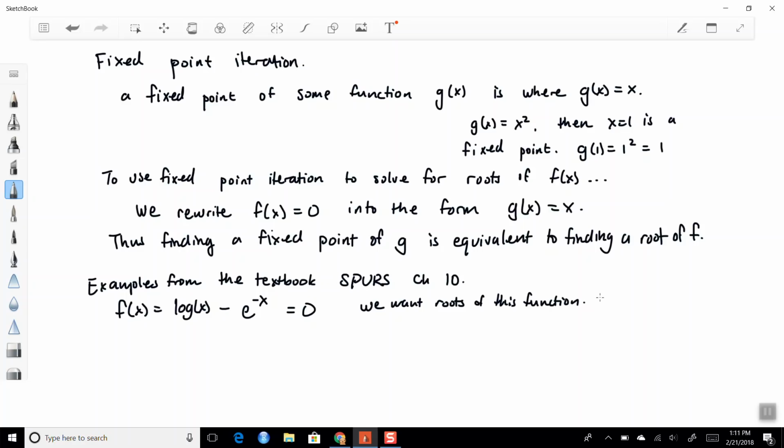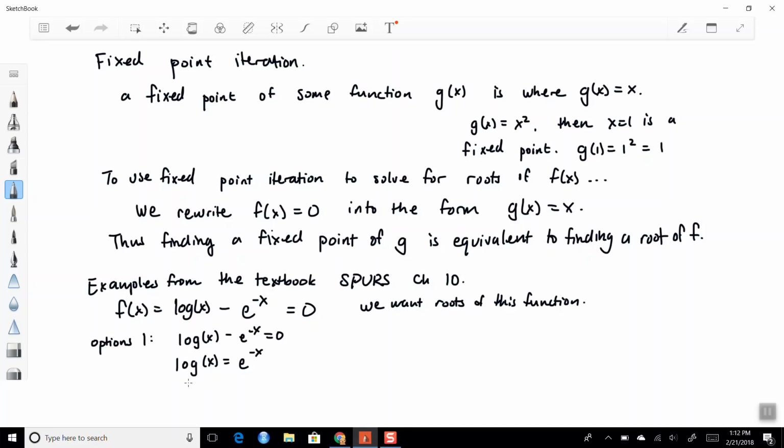We have several options to get it into the form of g of x equal to x. Option 1: I'll write log of x minus e to the negative x equal to 0. We will move some terms around, and I'll add e to the negative x to both sides.